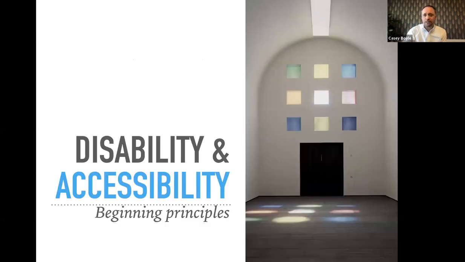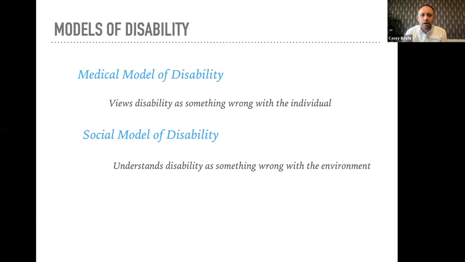So, disability and accessibility: a couple of basic principles before we jump into the platforms. As you all know, the medical model of disability views disability as something wrong with the individual. You all know this from your own work, and early on in your own work, I'm sure. Whereas the social model of disability understands disability as something wrong with the environment or the documents from which we are working.